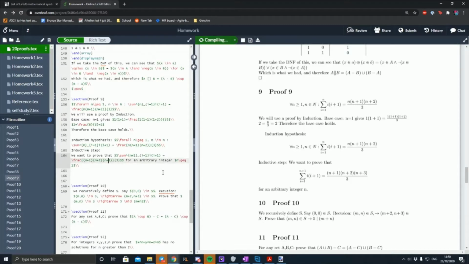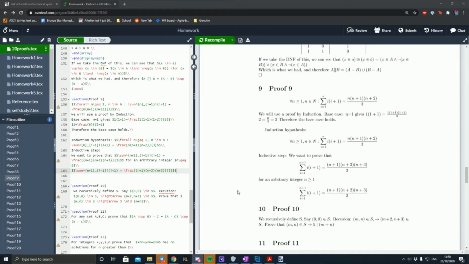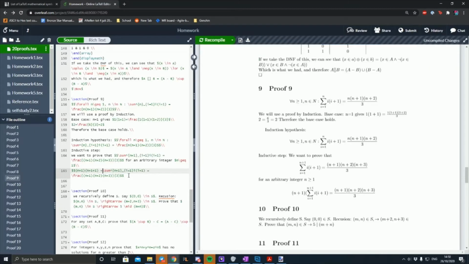Okay, so we're gonna do the thing again where we take out one of the elements, which is in this case n plus 1 times n plus 1 plus 1, plus, and this just becomes n. Yeah, because we fill in n plus 1 here, and that is equal to this thing.